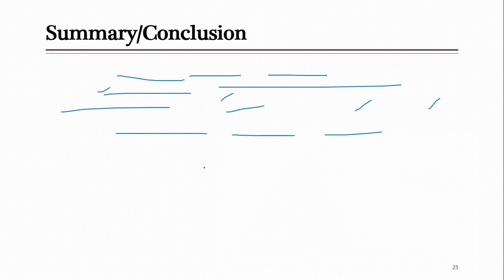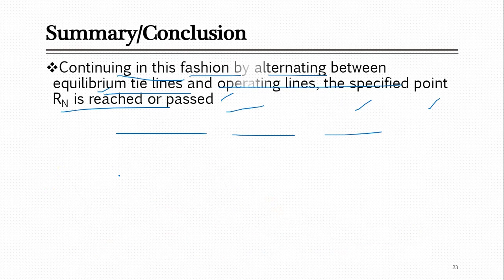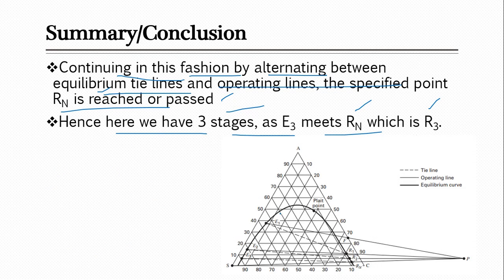By the way, all these colorful lines I have drawn myself using lines in PowerPoint, but overall you can see there is one figure given in your book that's presented here. These are the lines. Actually he has skipped some extra lines. Overall these are the lines which are connecting your points. E1 is connected with R1 with the help of a tie line. He has removed extra tie lines from the system.